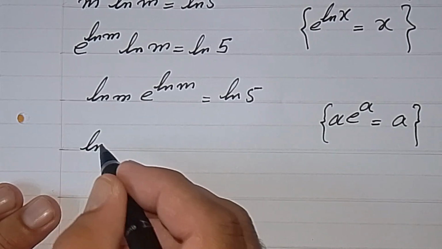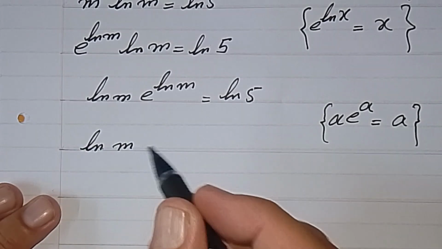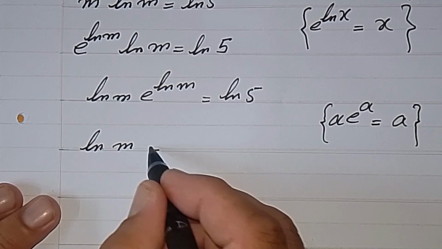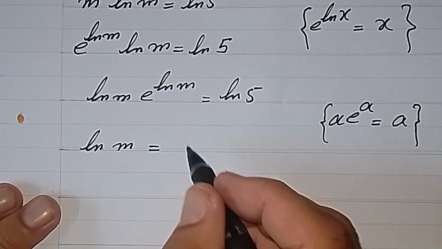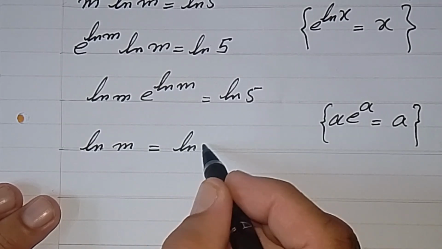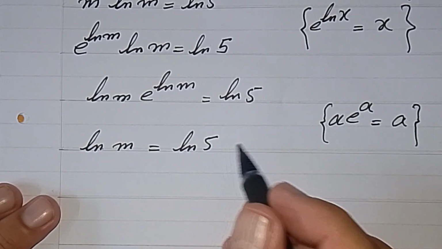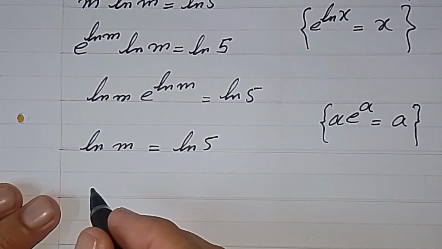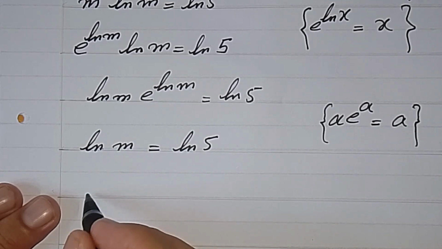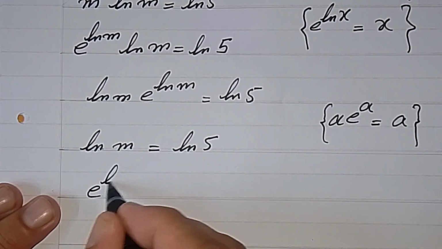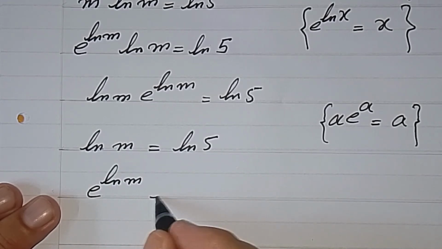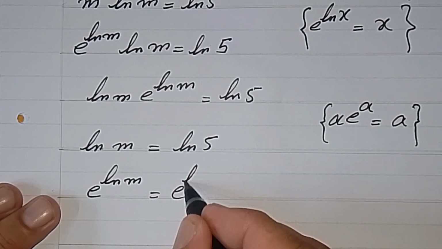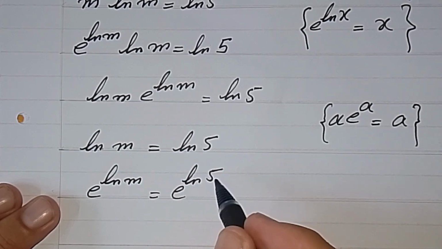log m is equal to log 5, and now we change it: e raised to the power log m is equal to e raised to the power log 5.